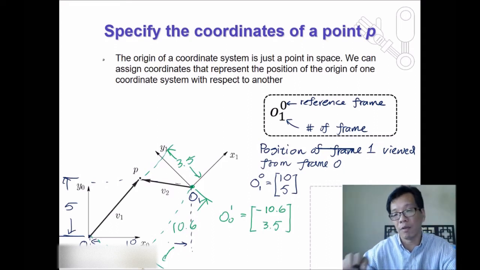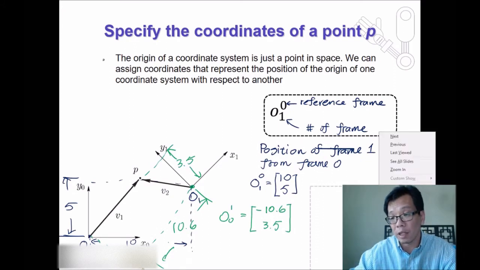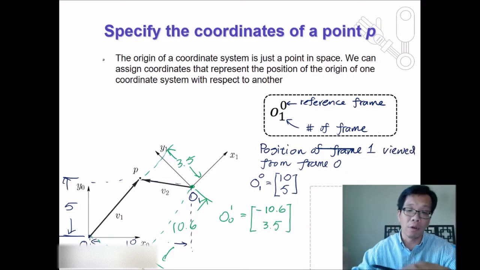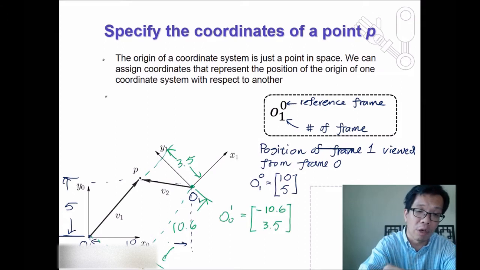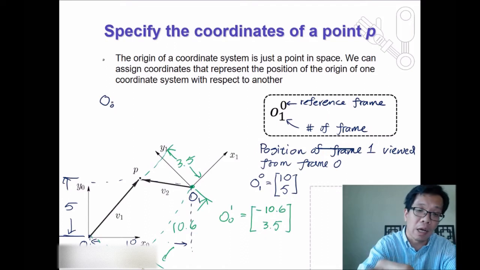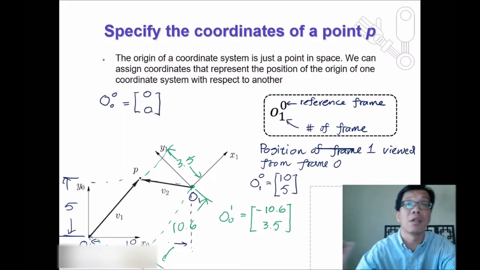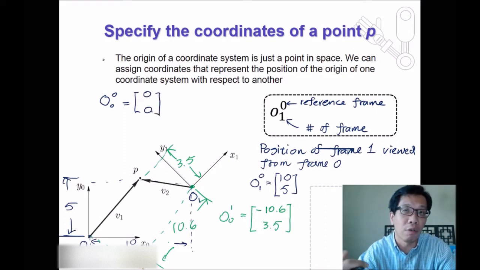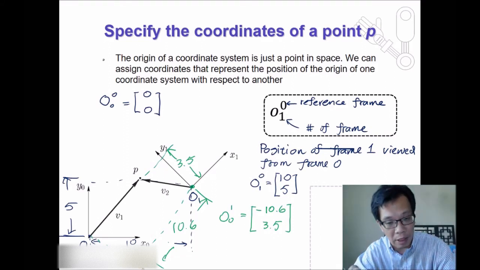Of course, you might ask, how about if I view the coordinate origin based on its own frame? What are the numbers going to look like? That would be straightforward. If you measure the origin based on the frame of 0, certainly it's going to be 0 and 0, because we measure the position of the origin in the two-dimensional frame of x0 and y0.